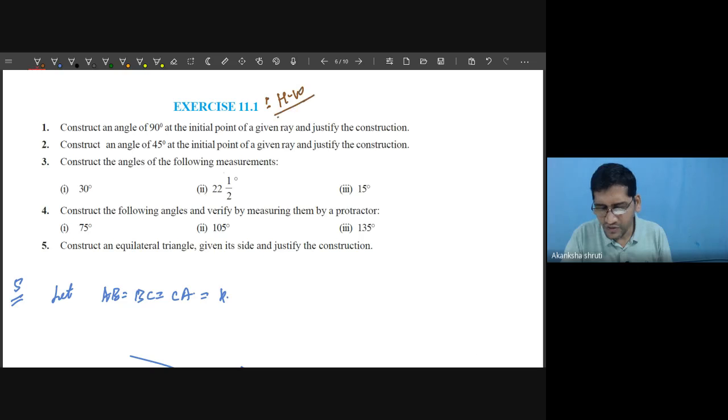In surface area and volume, please finish the entire RC book first. There are fewer questions, but all of those questions are selected from your previous year examinations, so they will be helpful to you.